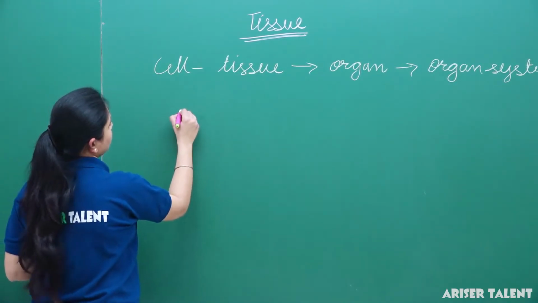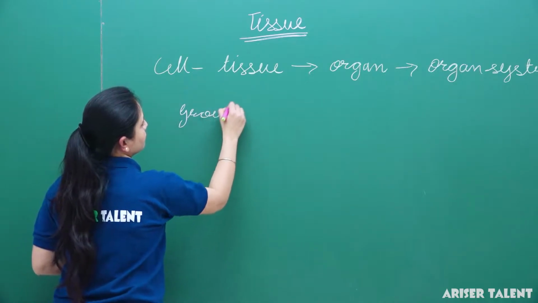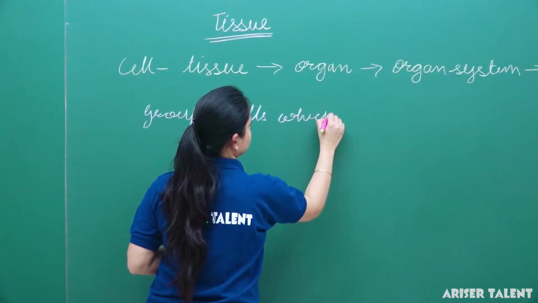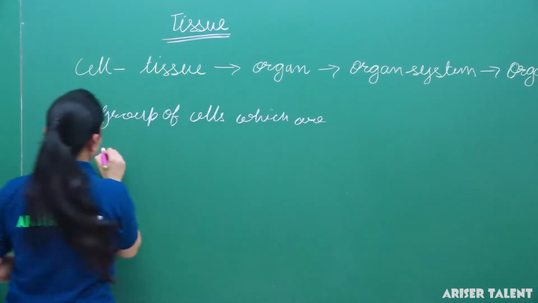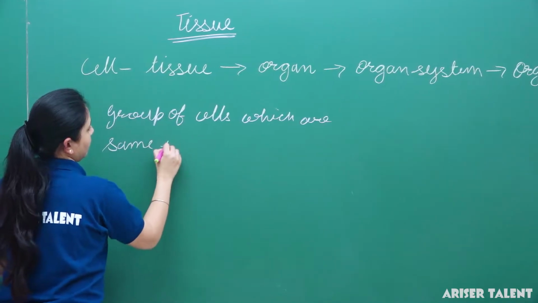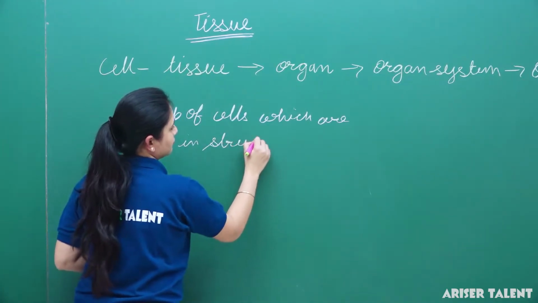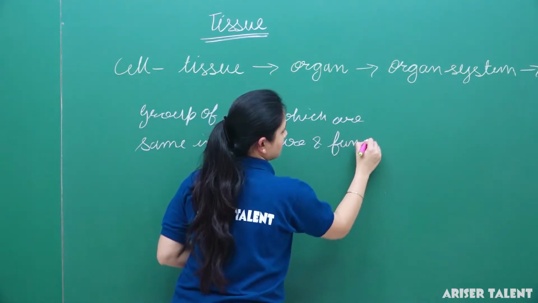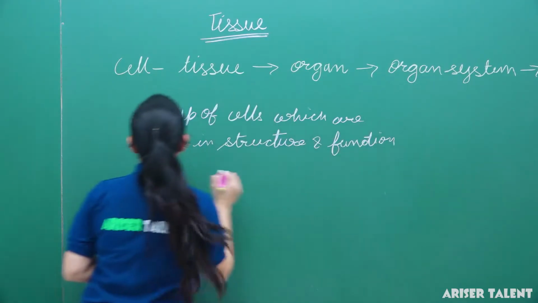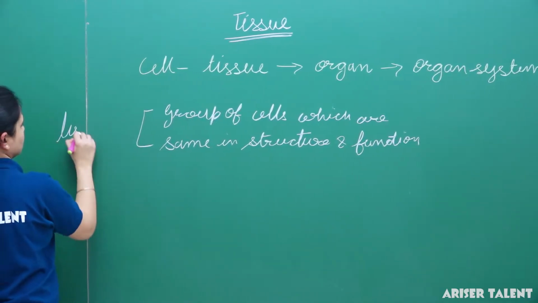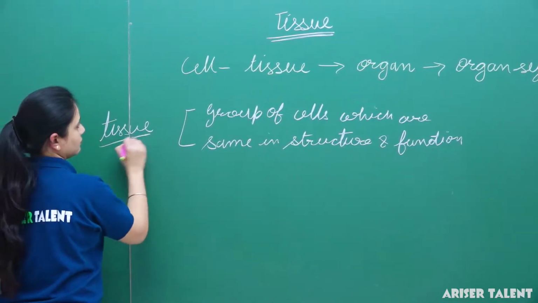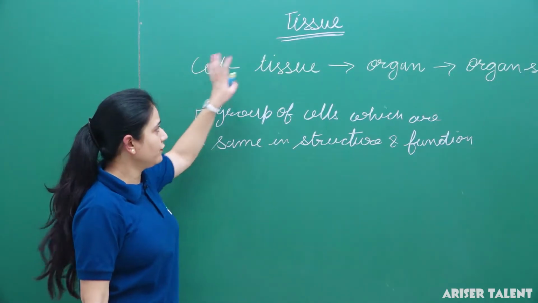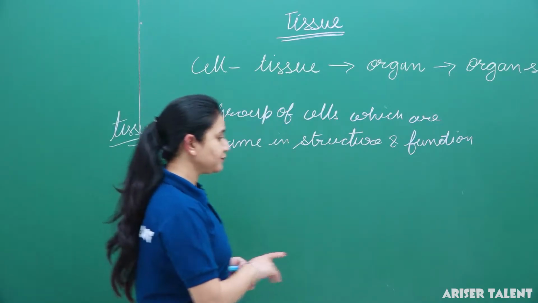Means tissue is a group of cells which are the same in structure and function. They form tissue. Okay, is it clear?